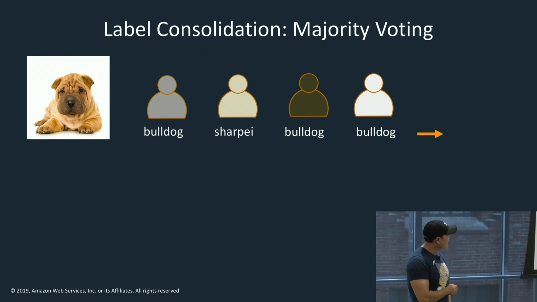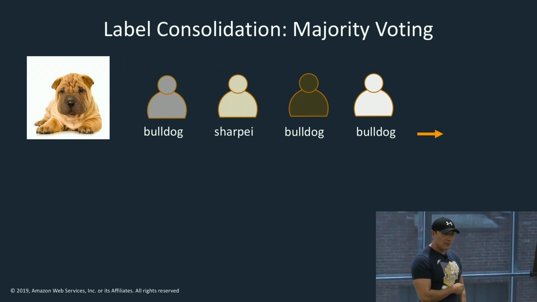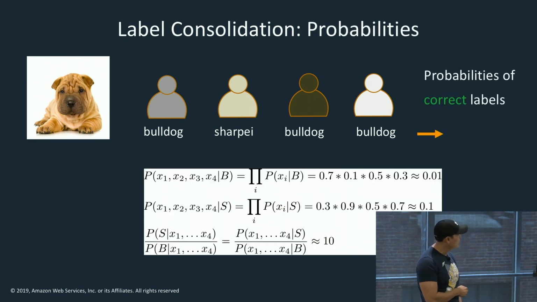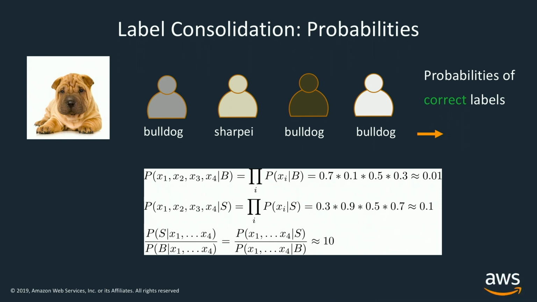As you can see here, there are 3 people labeling it as a bulldog. But behind the scenes, we calculate the probability of the correct label. This person who labeled Shar-Pei is correct most of the time, so we're going to trust him or her more than the other 3.